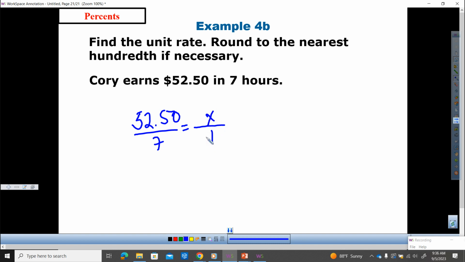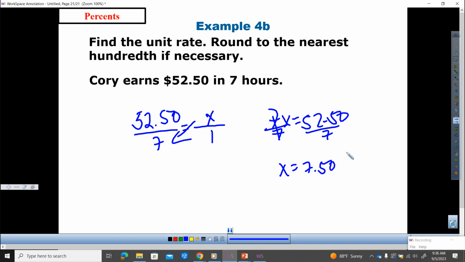Hands, have you got something like that? Yeah, the rest is history. Cross multiply. 7x equals 52.50. Divide by 7. We end up with x equals 7.50. Yes? Statement. Tell your neighbor your statement.